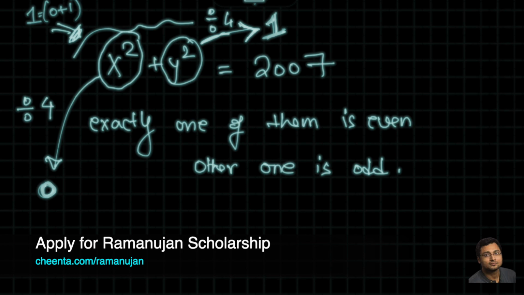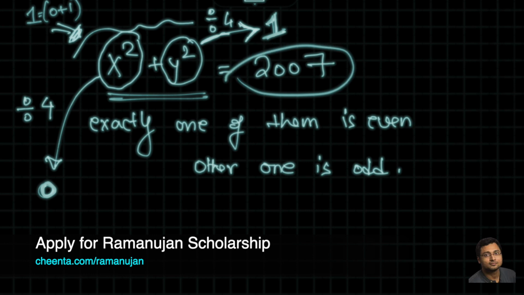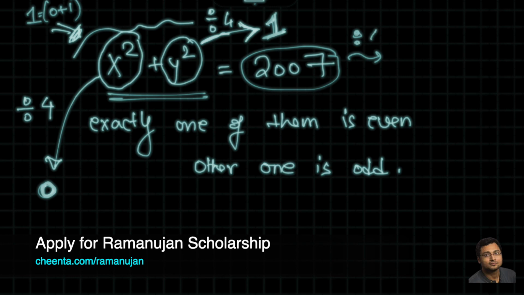And now we are almost at the very end of the problem. The left hand side gives remainder 1 when divided by 4. What happens in the right hand side? What remainder does 2007 produce when divided by 4?